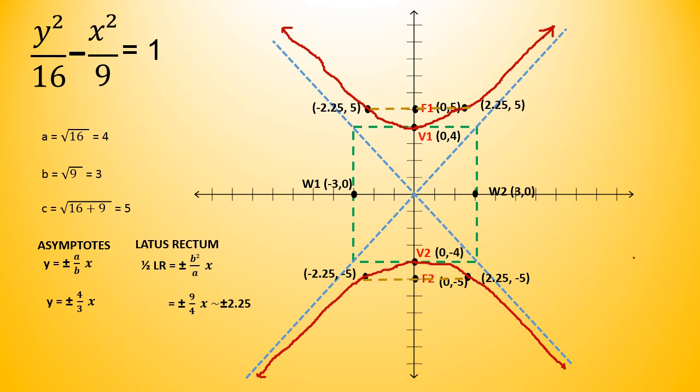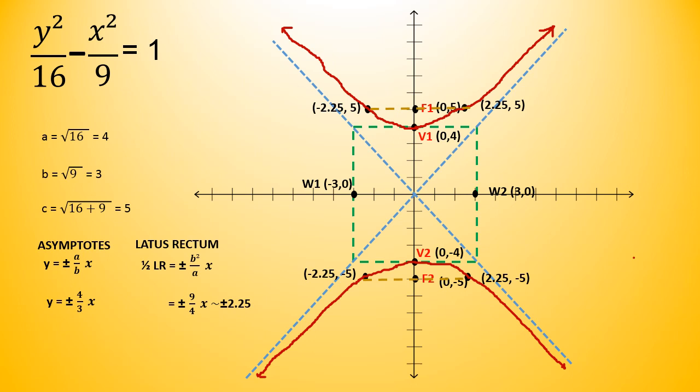This is the complete solution of y squared over 16 minus x squared over 9 equals 1. First, notice the first term, y squared over 16. So 16 there represents your a squared. This will serve as your basis to get the ordered pair of the vertices, and this lies along the y-axis since your numerator there is y squared.